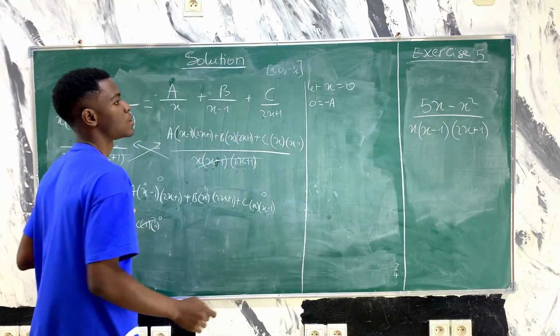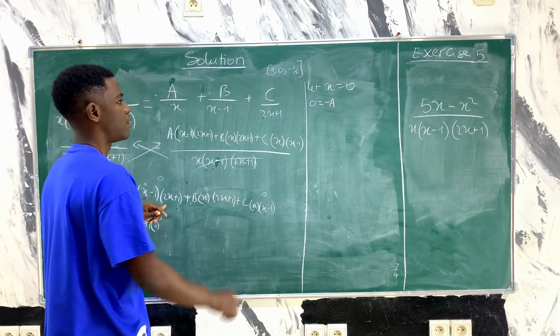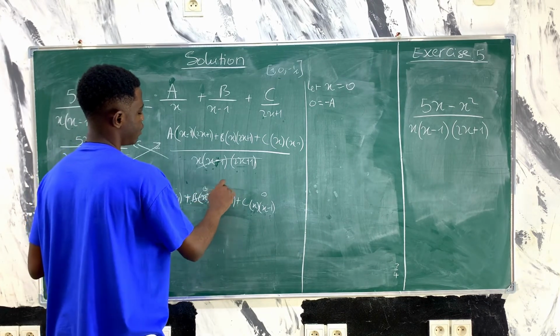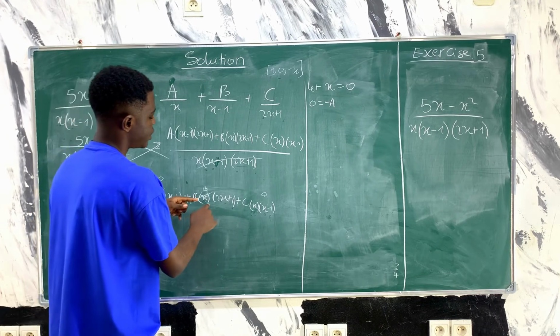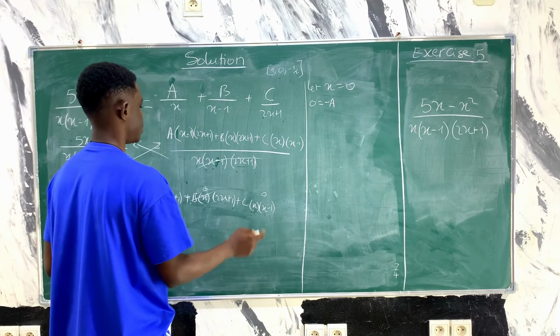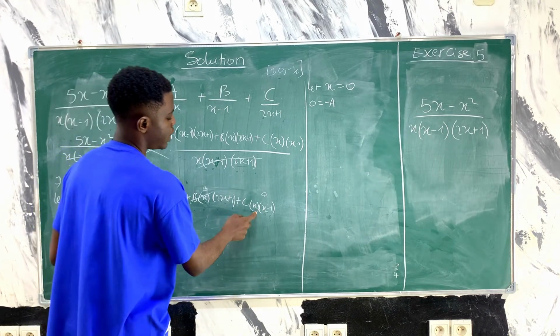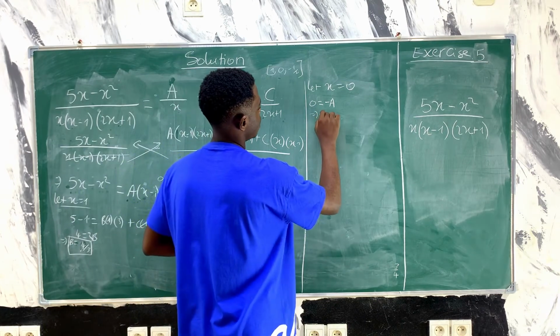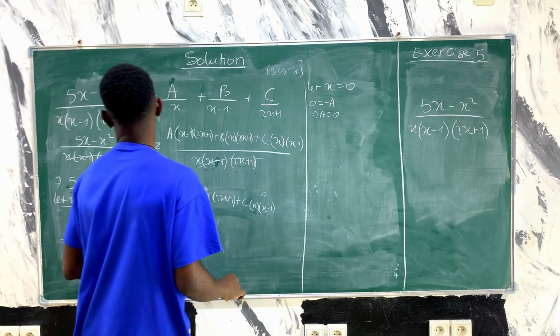When I put 0 here, all of this will go to 0. b times 0 times 2x plus 1 is 0. Even here, when I put 0, everything goes, for the same reason. Which implies a is equal to 0.